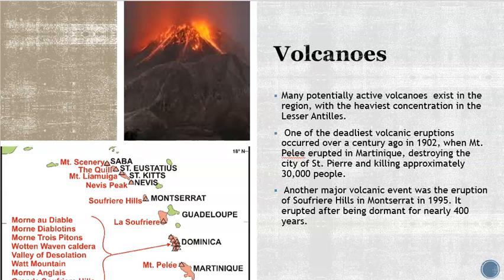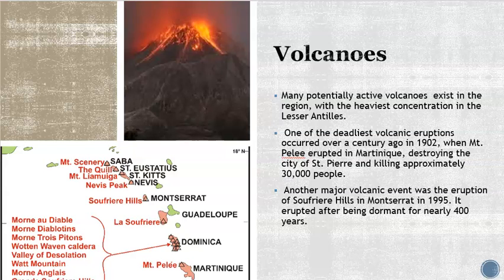Another natural hazard would be volcanoes. Many potentially active volcanoes exist in this region, and the heaviest concentration is that arc in the Lesser Antilles. There have been in the past major volcanic eruptions that were deadly.